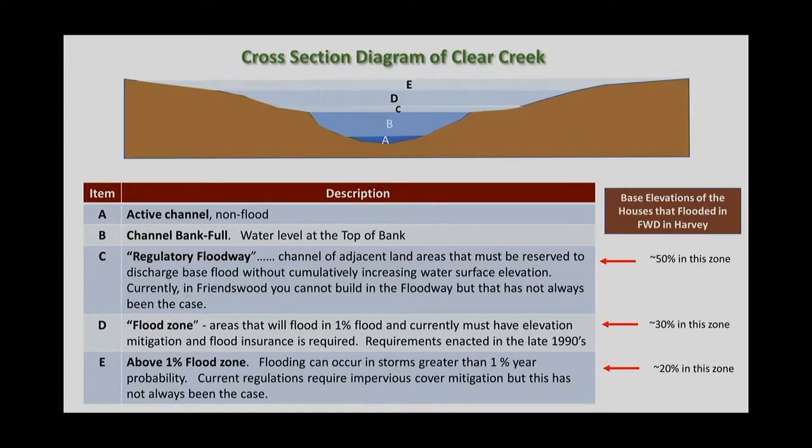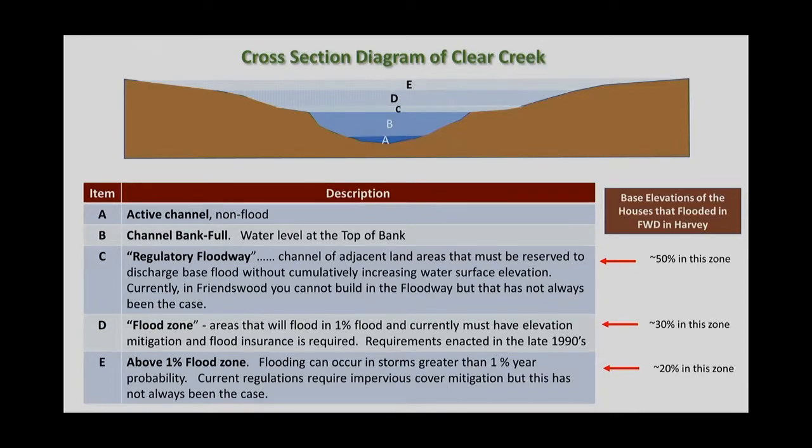So when it rains and goes over the banks, it goes into the floodway. Unfortunately, there are homes in Friendswood that are in the floodway. On the right-hand side of this diagram we have an estimate of the number or percentage of homes that are in this zone.